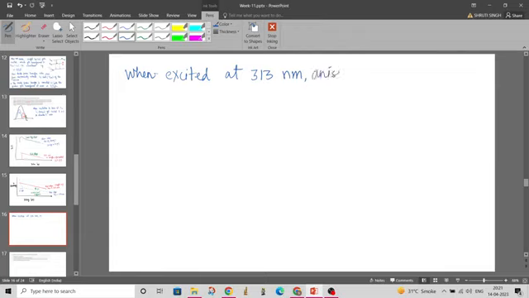I'm writing the same thing which I told just now. Anisotropy is almost single exponential.